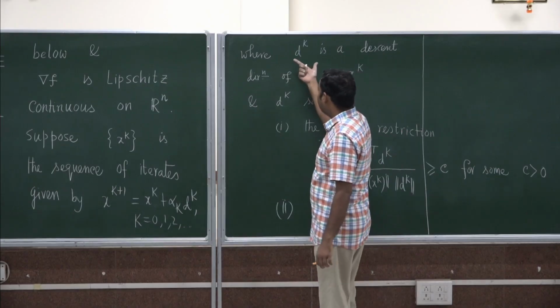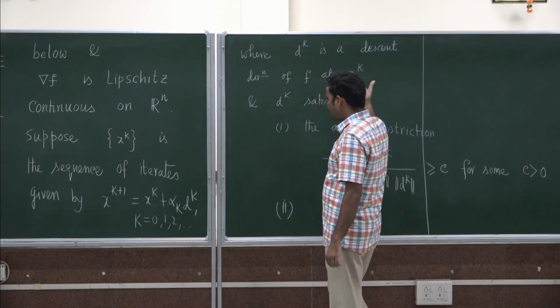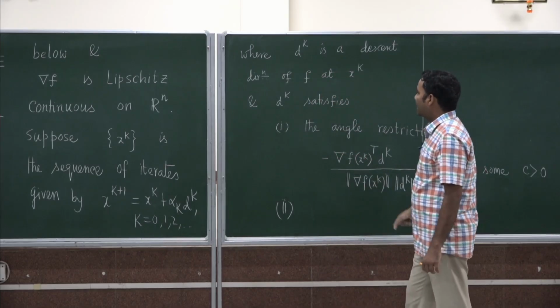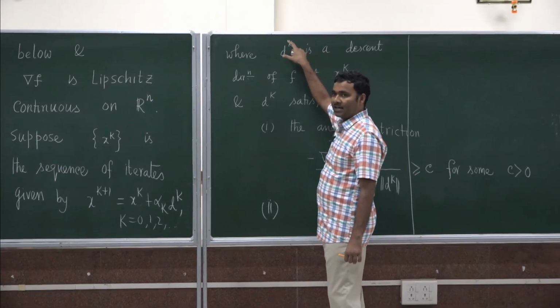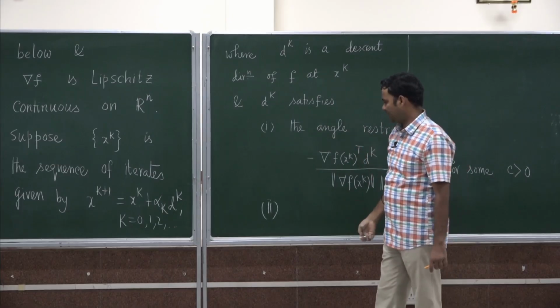So d_k is such a direction that is a descent direction and satisfies the angle restriction, and accumulatively the sequence of directions lies inside a compact set.